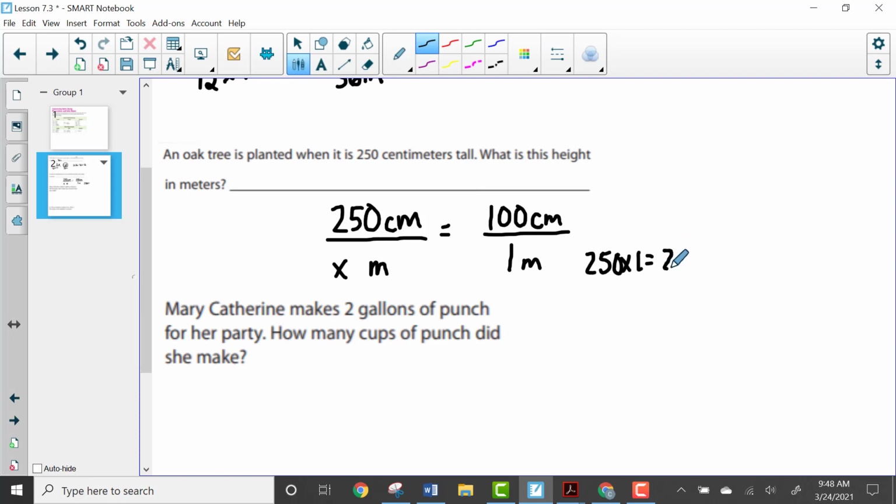That's going to give us 250. And then we divide by that other number, 250 divided by 100. That's going to give me 2.5. So 250 centimeters is equal to 2.5 meters. So what's the height in meters? We can just write 2.5 meters.